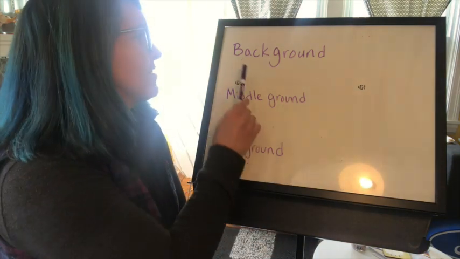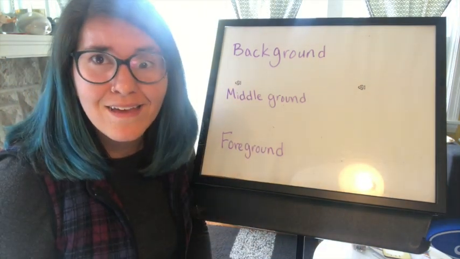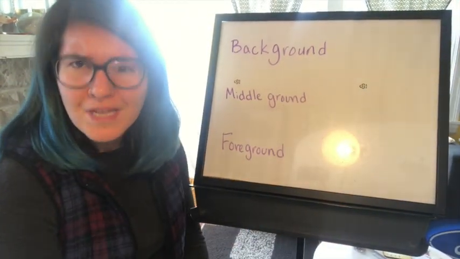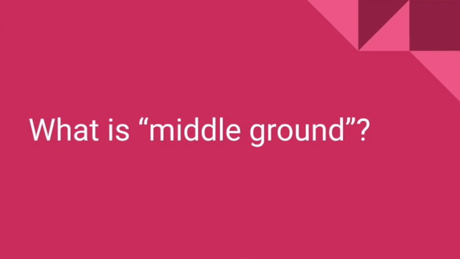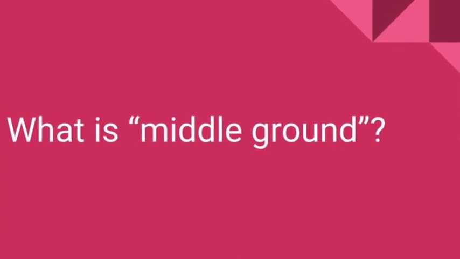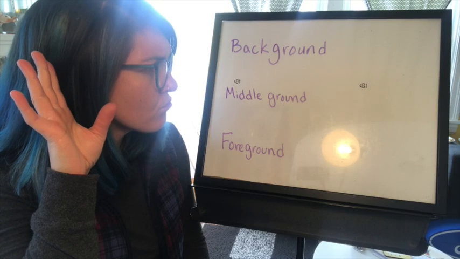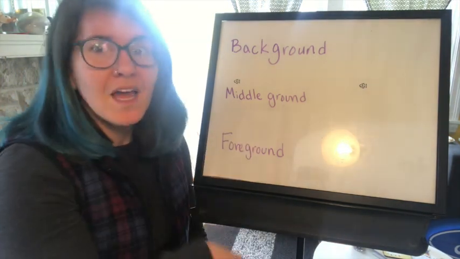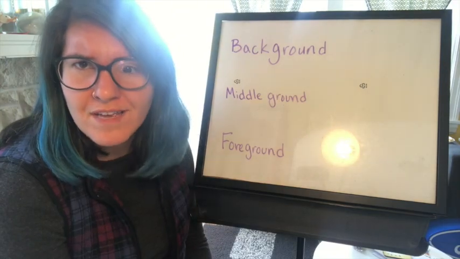Yeah, probably the stuff in the back. That's right. Middle ground. What do you think middle ground is? Yeah, probably the stuff in the middle. And then what do you think the foreground is?